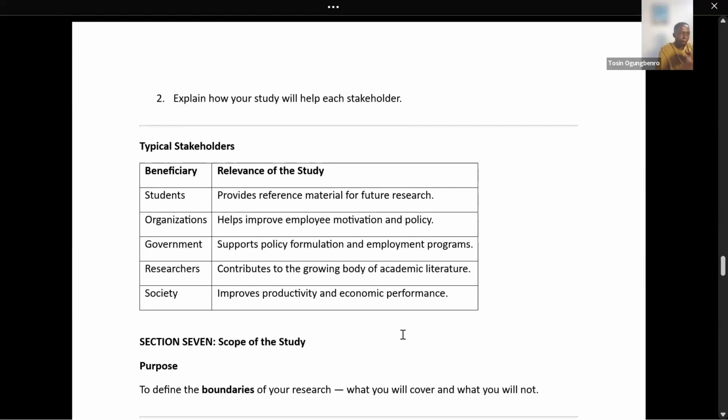So the next one, scope of your study. This one is very, very important. The scope of your study is important because it gives your work a boundary.